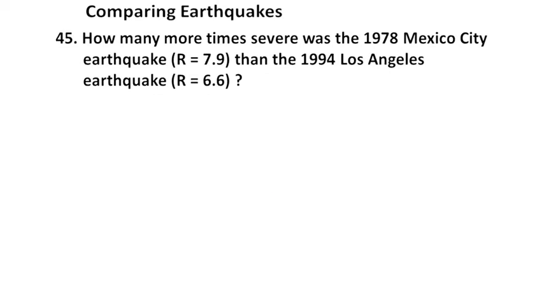Next, comparing earthquakes. How many more times severe was the 1978 Mexico City earthquake, R equals 7.9, than the 1994 Los Angeles earthquake, R equals 6.6? Basically, the formula for earthquakes, the way it works out is this. If you have an earthquake, we'll call it R sub 1.